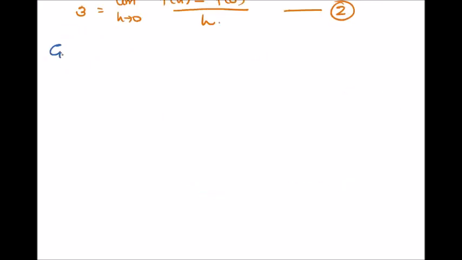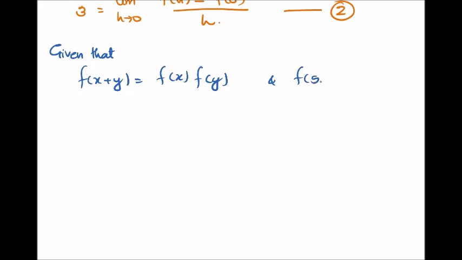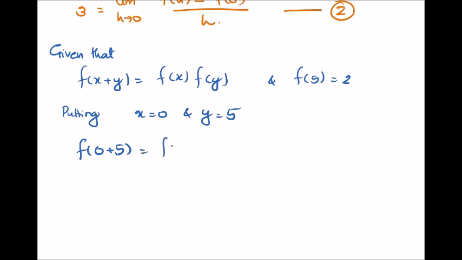Here given that f of x plus y is equal to f of x into f of y and f of 5 is equal to 2. Here we will put x is equal to 0 and y is equal to 5. Then we have f of 0 plus 5 is equal to f of 0 into f of 5.